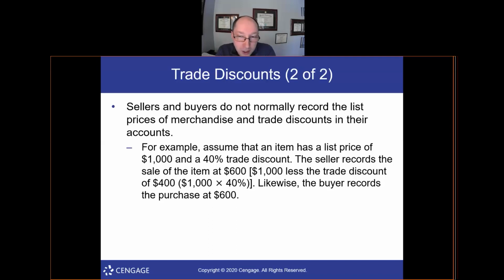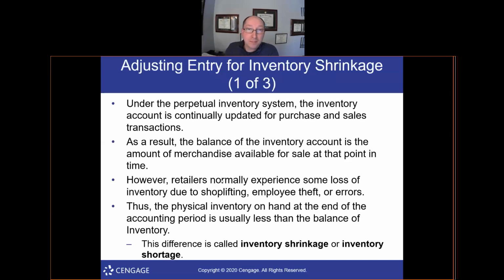So they'll record the sale at $600. Why 600? Well, 60% of 1,000 is 600. Anyway, sorry, $400 is obviously 40% of 1,000. So they record the sale at 600. Likewise, they would record any purchase at 600.